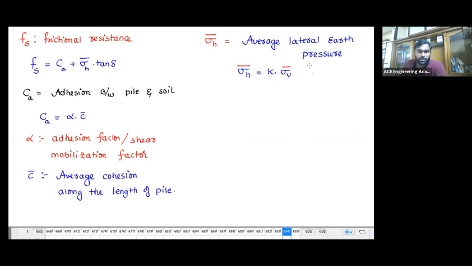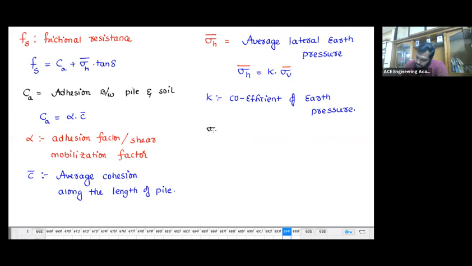Sigma h bar is equal to K into sigma V bar, where K is the coefficient of earth pressure. Sir, what is this coefficient of earth pressure? I'll tell you later. How we are going to take that value, I'll tell you later.